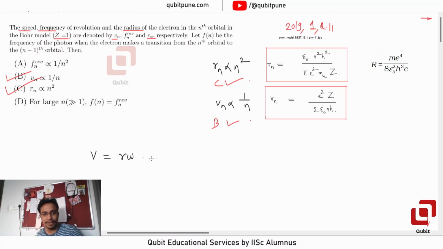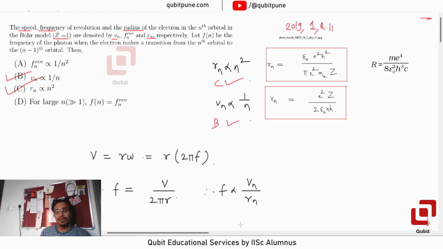And if we want the frequency of revolution, we must write omega as 2 pi f. So what can I say about f? F is equal to V upon 2 pi r. So F is directly proportional to Vn upon R.